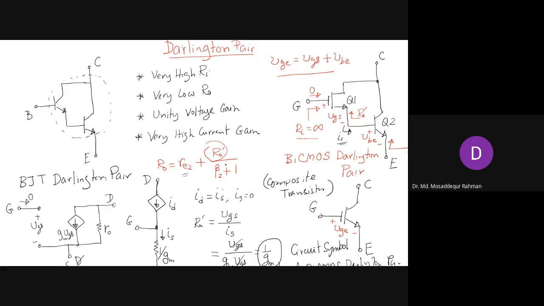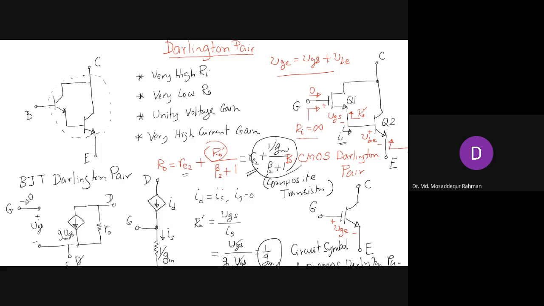So then the output resistance we can express as small re2 plus 1 over gm1 of Q1, divided by beta 2 plus 1. That will be our output resistance, and we see that the output resistance will also be very low, because 1 over gm is low, and we are dividing by beta 2 plus 1, so it becomes very low.